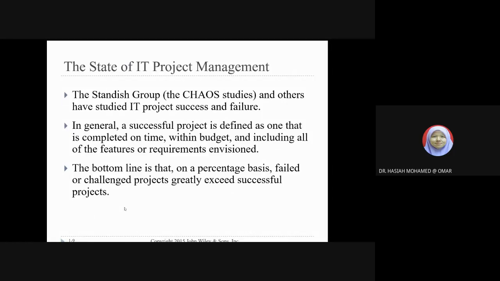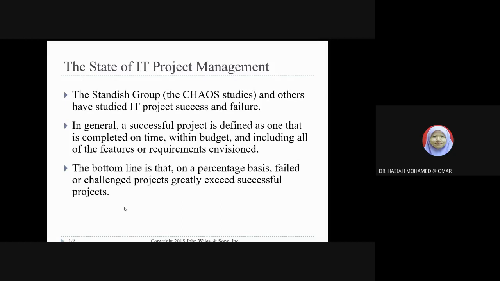Kenapa orang lain dia propose 6 bulan tapi you propose 9 bulan? Sebab you tahu for the first 2 months nak buat apa, you can clearly explain and you can explain it well. Kenapa 9 bulan? Kenapa company lain dia propose 6 bulan tapi company you propose 9 bulan? Kenapa you propose 150k?